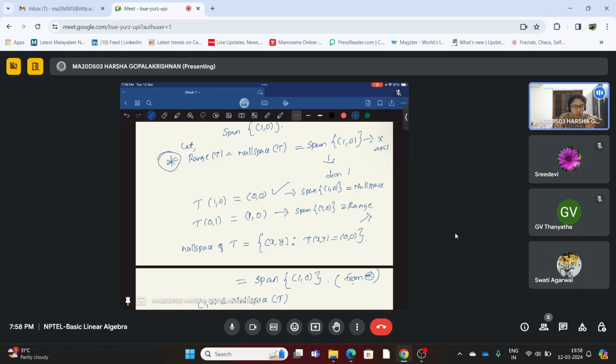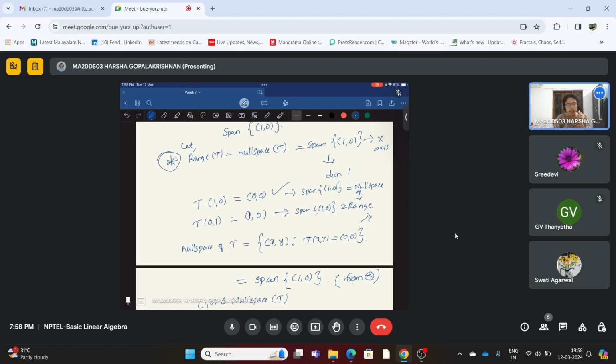So that was our question: construct a linear transformation T such that range and null space are equal. So we constructed the transformation T. Is that fine for everyone now?